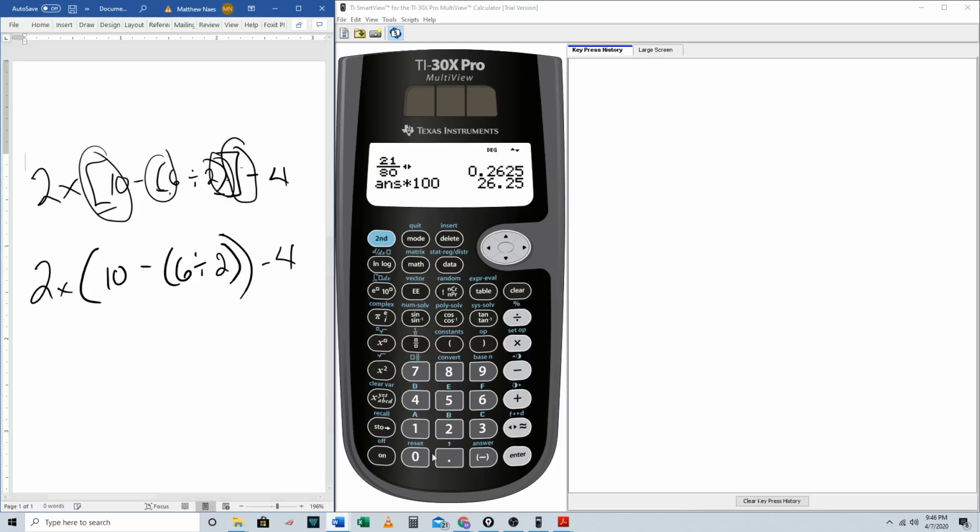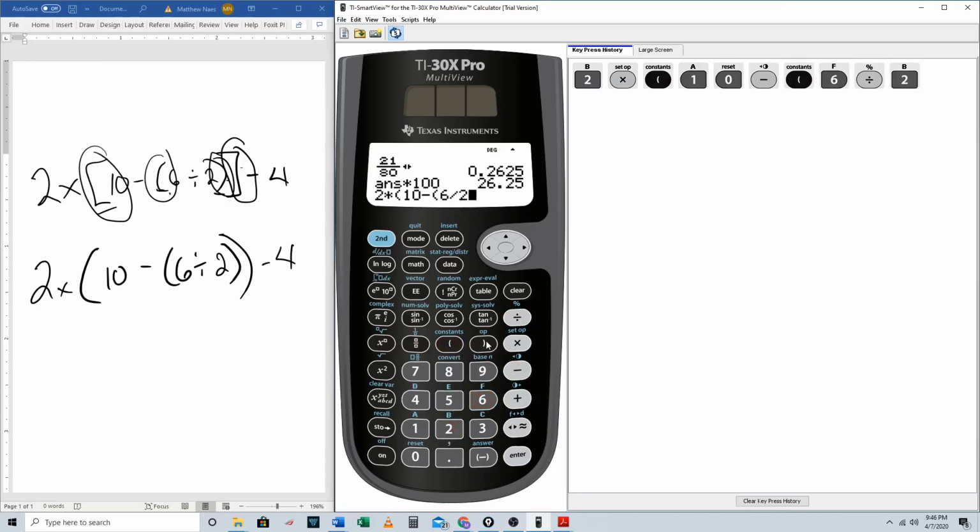So I can type that all the way in here. 2 times parentheses 10 minus parentheses 6 divided by 2, close 2 parentheses, minus 4. Press enter. Your calculator can do order of operations for you. Well, there it is. The answer is 10.